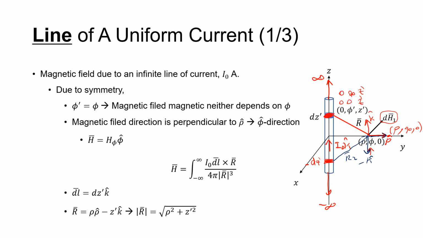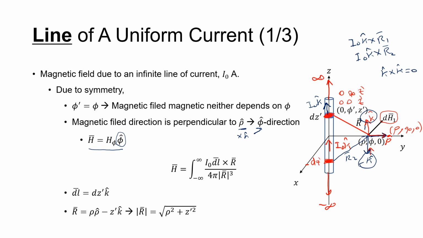Because our original current is moving in this direction, when I make the cross product of I naught k with R1 and I naught k cross R2, I'll always have the k component cancelled, because k cross k always equals 0. So I'll be left with the rho, which when multiplied with k will bring me phi. That's why finally I can say that my magnetic field is in the direction of phi.